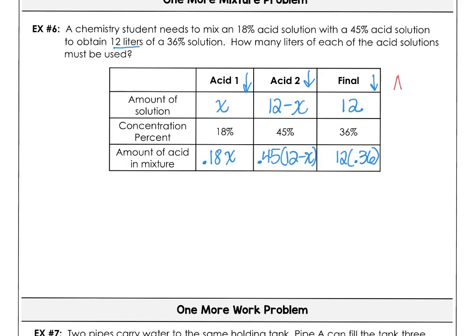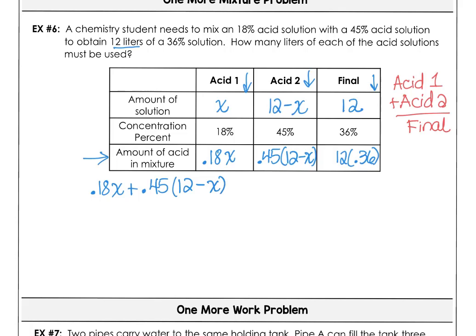You see it that way? We've got acid 1 plus acid 2 will give us that final amount. That's 12 liters at 36%. So we're looking across this bottom row, 18% of X and 45% of the 12 liters minus X is going to give us 12 liters at 36%.